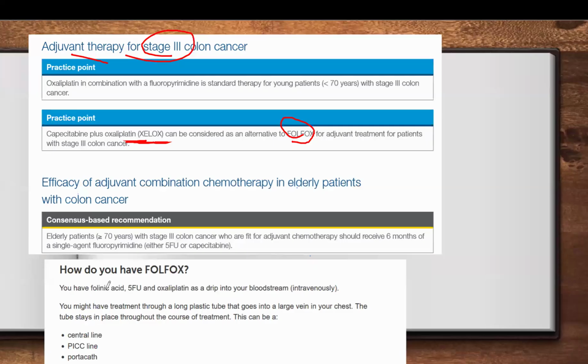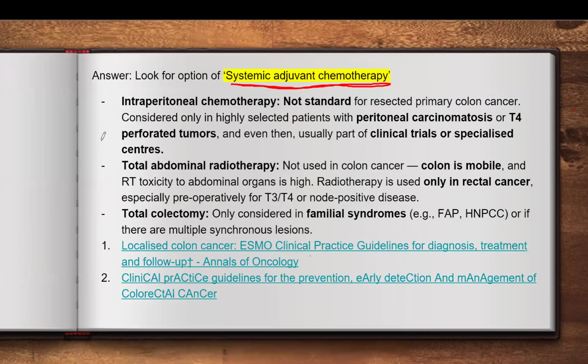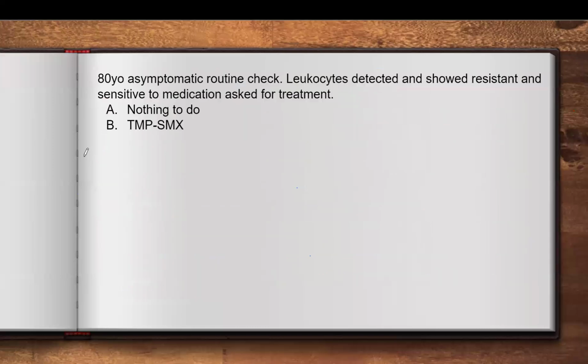But the thing is that you have 5-fluorouracil and you have oxaliplatin in it, okay. So I have explained all three options. So if you have the option of systemic adjuvant chemotherapy, that would be the best one because this is what is written in the guidelines, the Folfox regimen.